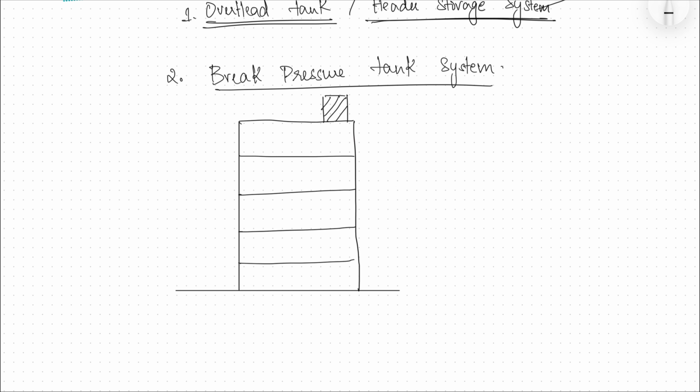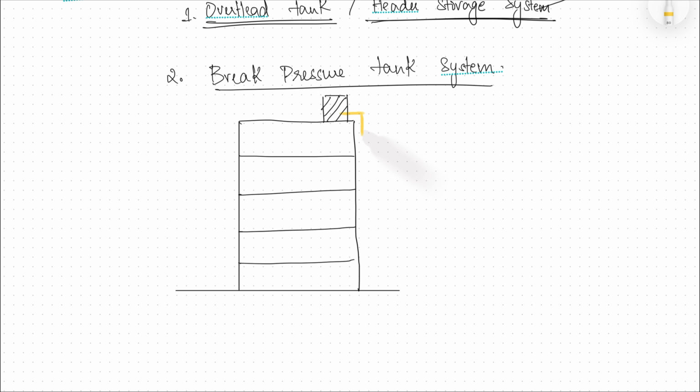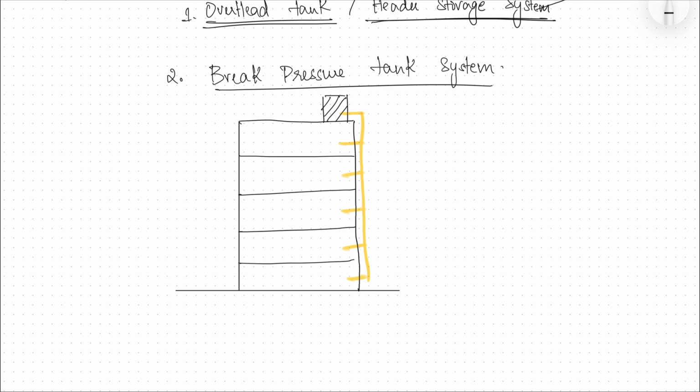Now, when the water flows from the top to the bottom, right, it has to supply to each floor. But most often, what happens is the pressure that is built up on the lower floors is high because of gravity.